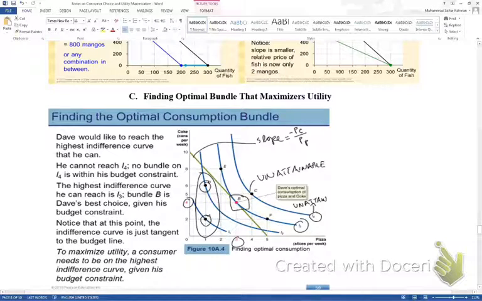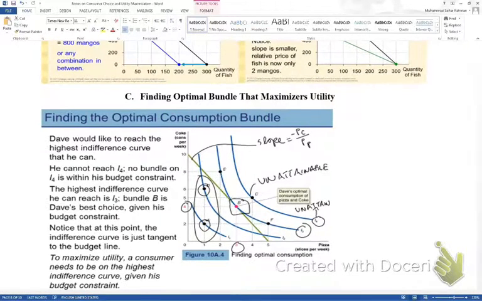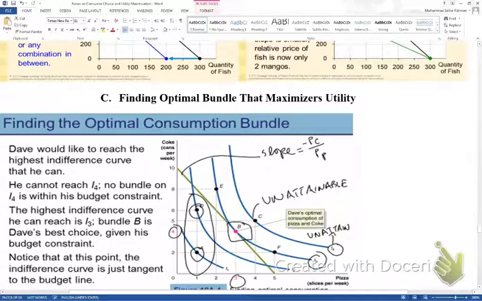So we have put the indifference curves and the budget constraint in the same two-dimensional space, and there are a bunch of indifference curves. You can see that some consumption bundles, like A or D, are clearly not optimal, right?